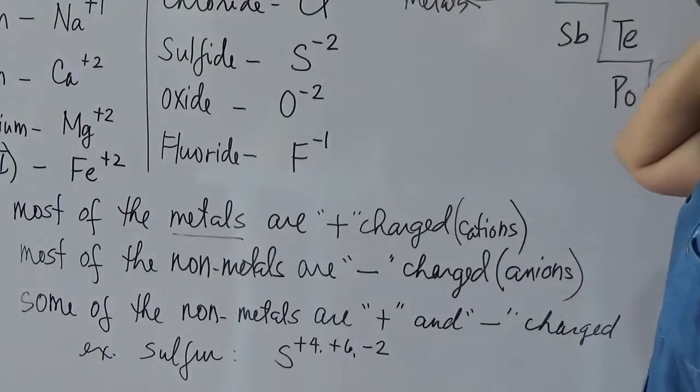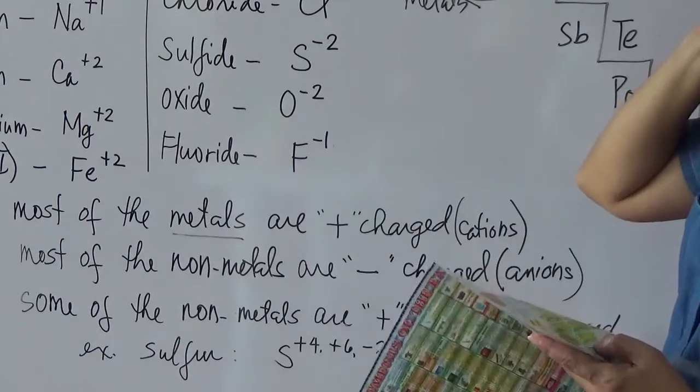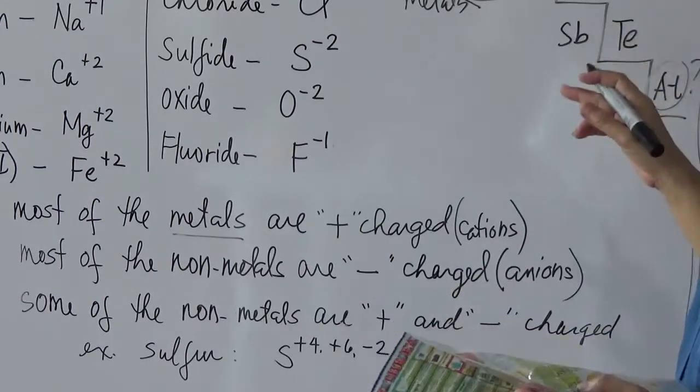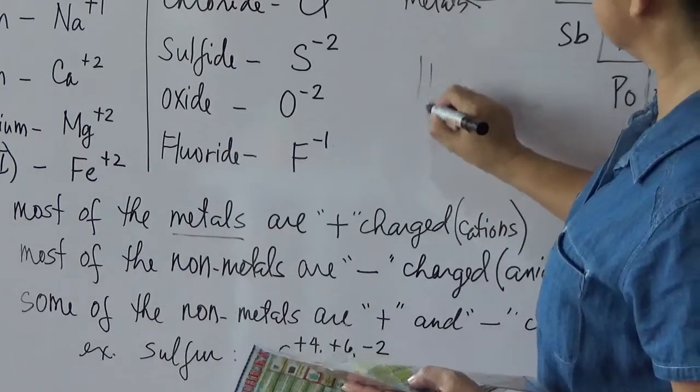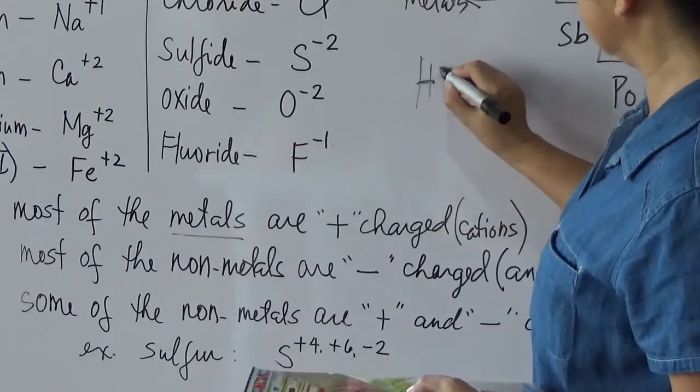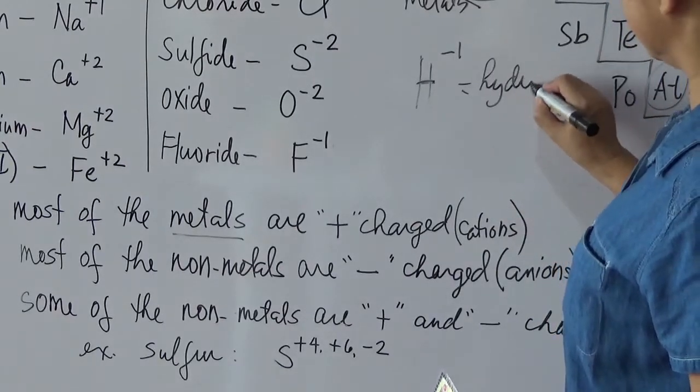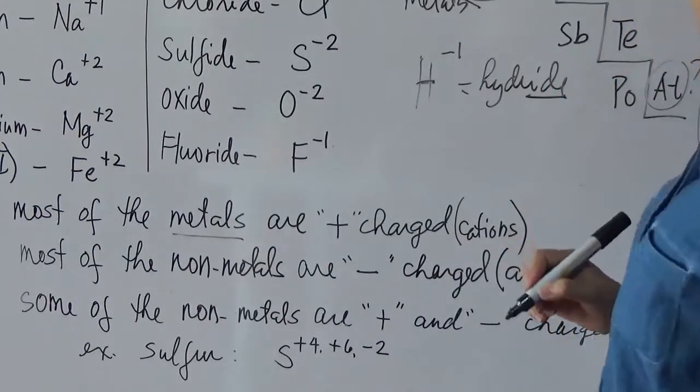Same with hydrogen. Hydrogen has two charges, the +1 and the -1. So if hydrogen is considered as an ion, -1, it is named as hydride. So take note, it ends with IDE.